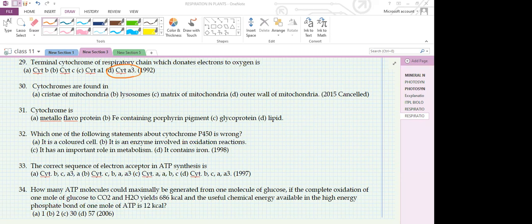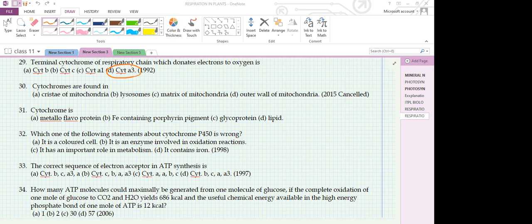So cytochromes are found in the cristae of mitochondria.